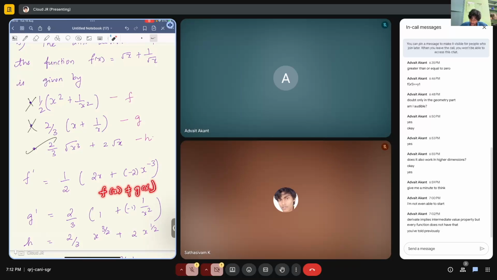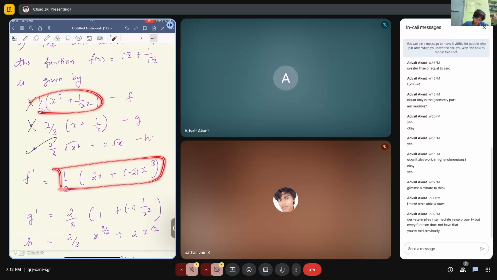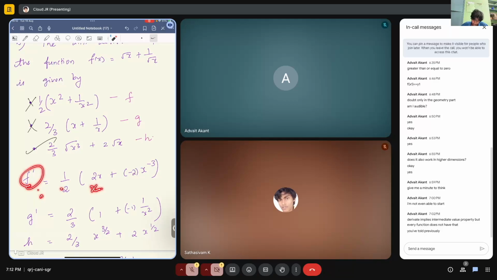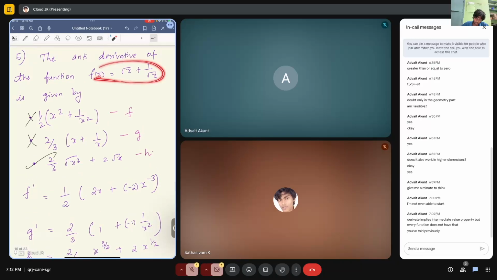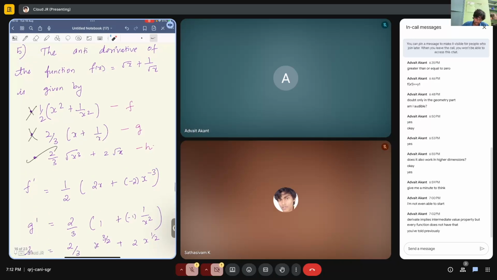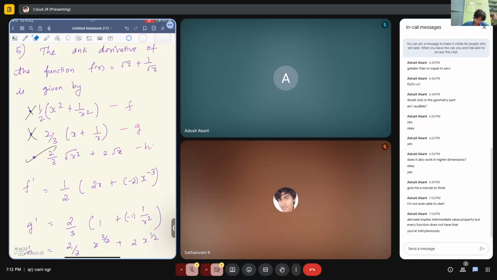Only then can you say two functions are different. So if you want to claim these two functions are different, you actually have to produce an x such that this f prime of x, or whatever it is, is not equal to, sorry, I should not call this f. So I call this h.